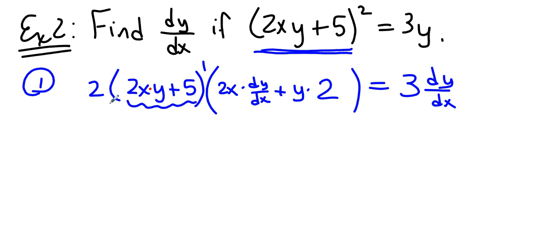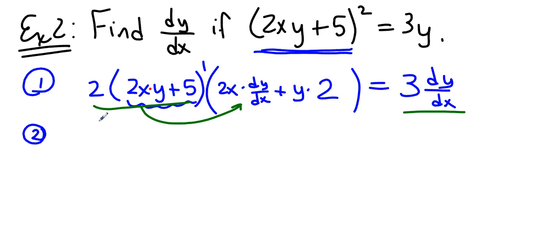So now what? Well, now we do a little bit of algebra, because step 2 says we pull all the dy dx stuff to one side and all the non-dy dx stuff to the other side. Well, the dy dx stuff is what we get when we distribute that and also this thing over here.